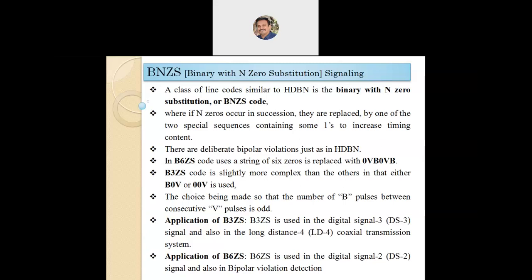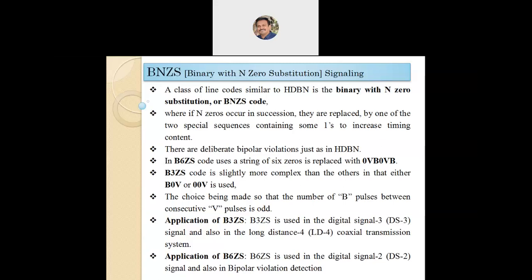The two cases we are going to discuss in BNZS are B6ZS, that means n is equal to 6, and another signaling, B3ZS, where n equals 3.